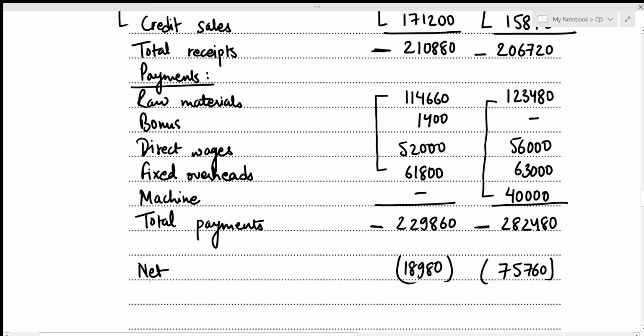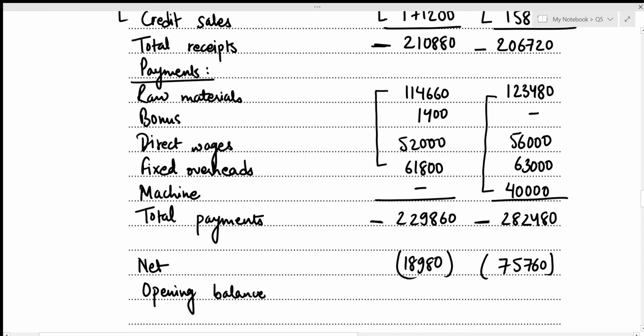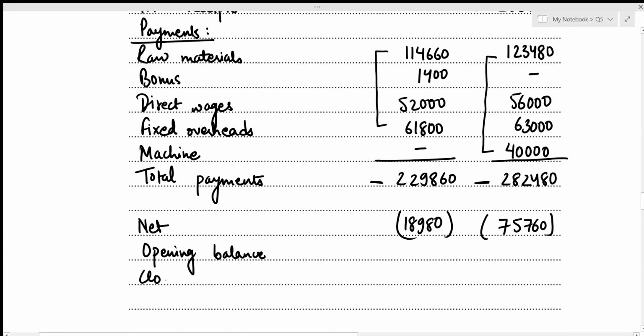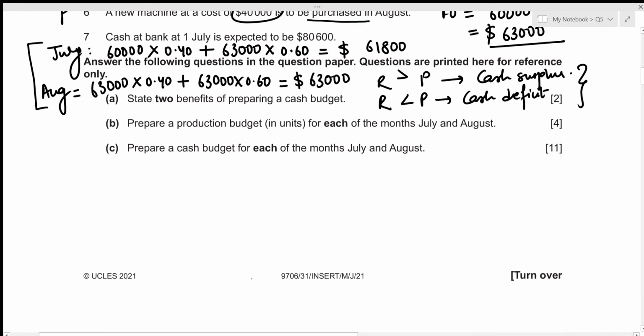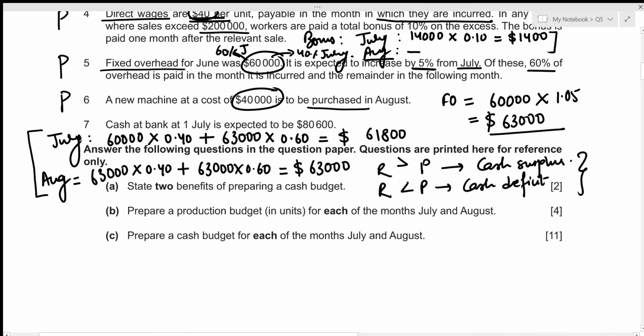Now we adjust our opening cash balance and figure out the closing cash balances. Let's have a look above to see the opening balance for the month of July. We are told that the cash at bank at 1st July is expected to be 80,600.